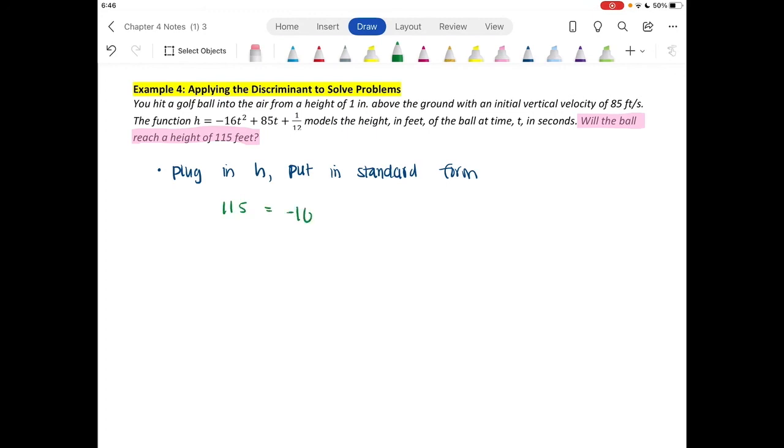That will equal negative 16t squared plus 85t plus 1/12. Subtract 115 from both sides, so 0 is equal to negative 16t squared plus 85t minus 114.92. Now that it's in standard form, we are able to find the discriminant.